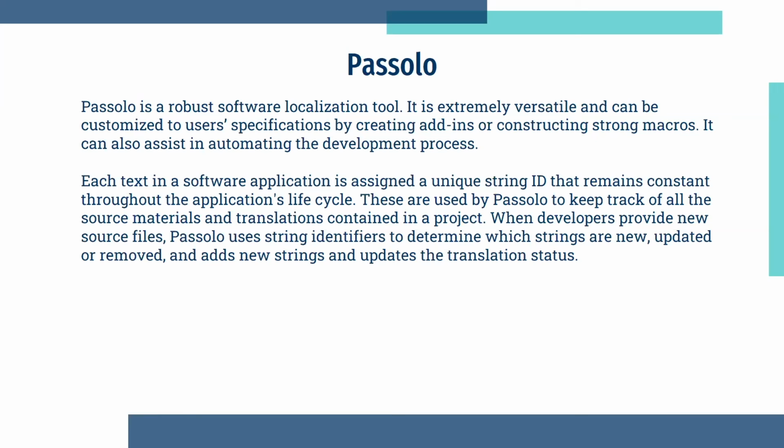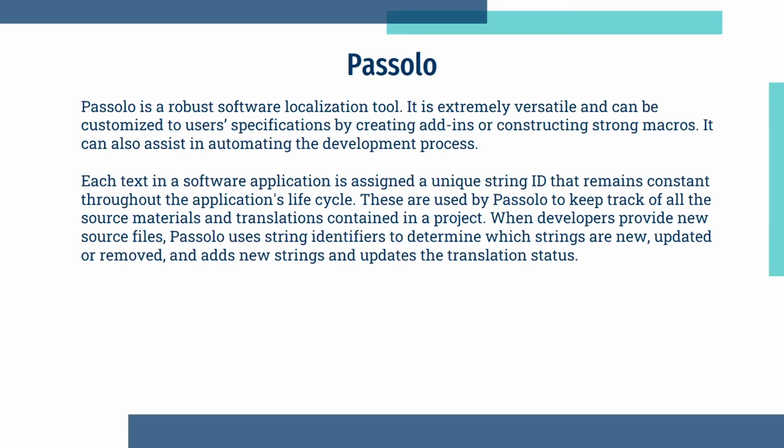In Personal, each string in the software application will be assigned a unique string ID. This ID will remain constant through the application's whole life cycle, so it will not be changed. These IDs are used by Personal to keep track of all the source materials and their translations contained in the same project.